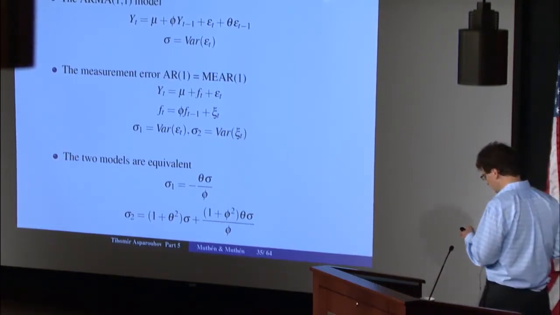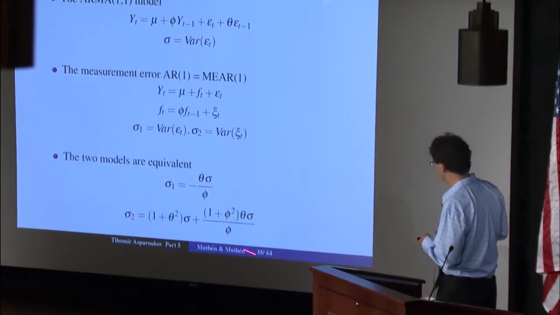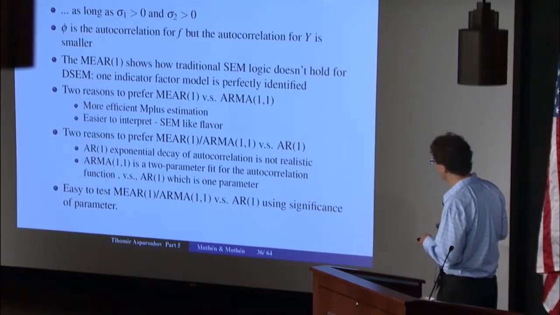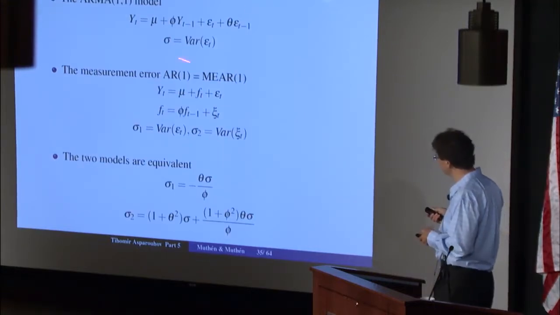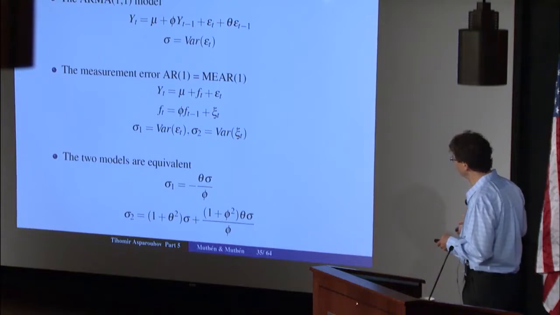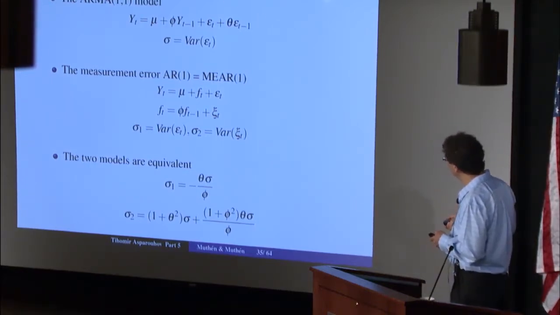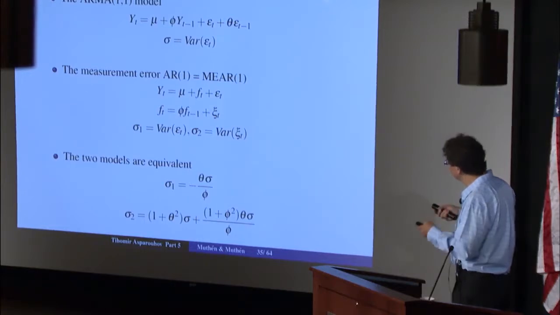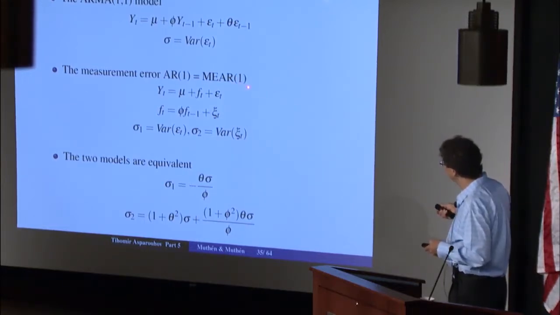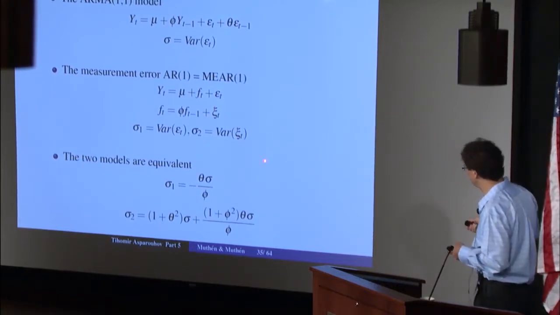You can do that as long as those 2 equations produce positive variances. So it turns out that the parameter space of the ARMA 1.1 model is a little bigger than the parameter space for the MEAR1 model. So it's not a one-to-one correspondence, but generally speaking, in the data that we'll be interested in, this correspondence works well.